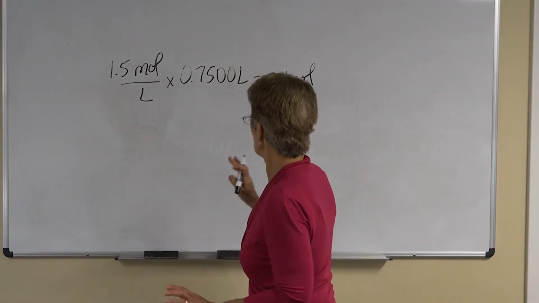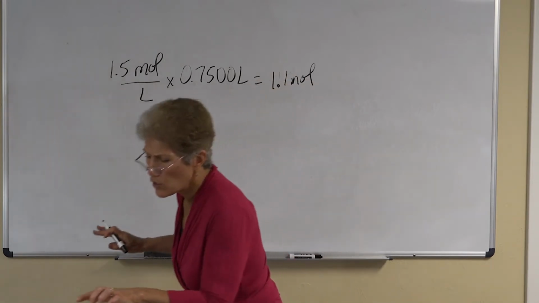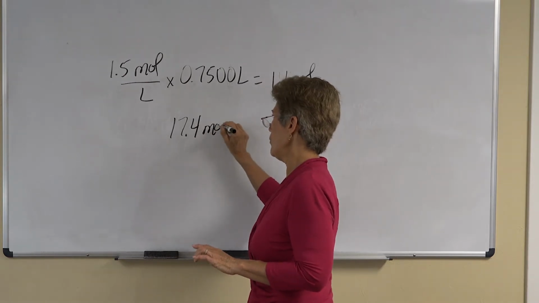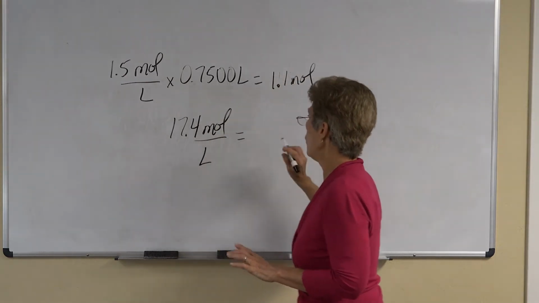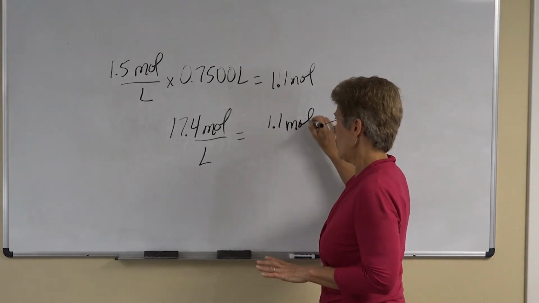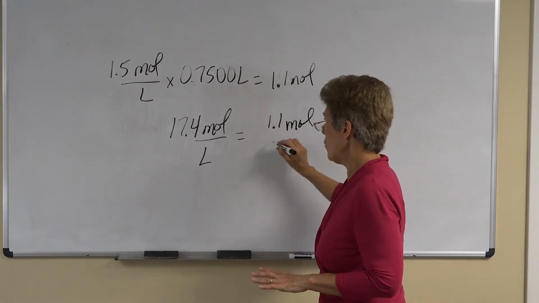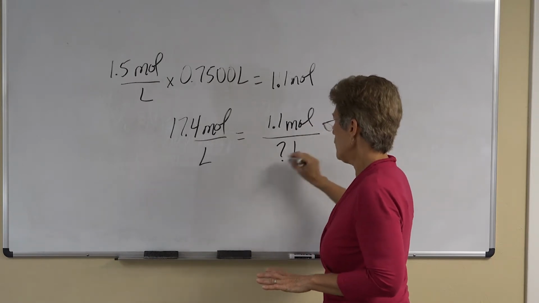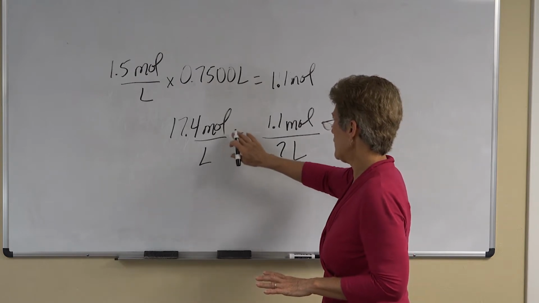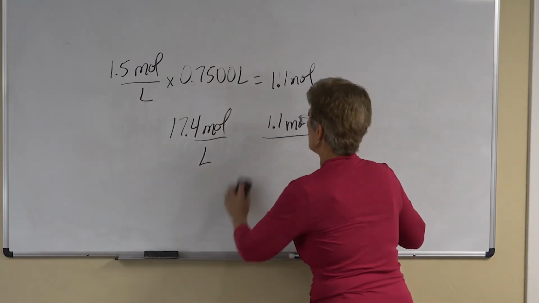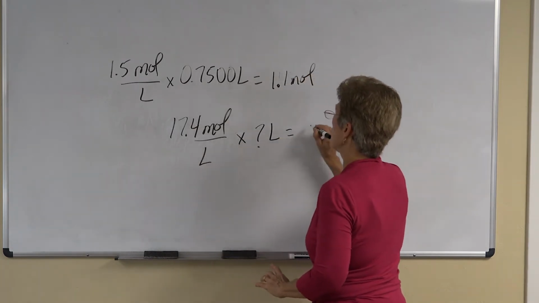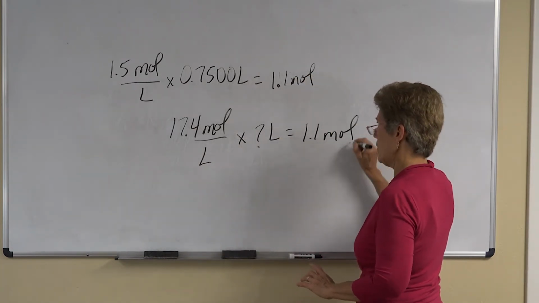And so in the primary solution, we started with 17.4 moles per liter, and we want to get to 1.1 moles, so we need to know how many liters of that to use to get there. So that times this number of liters will give me 1.1 moles. There we go.